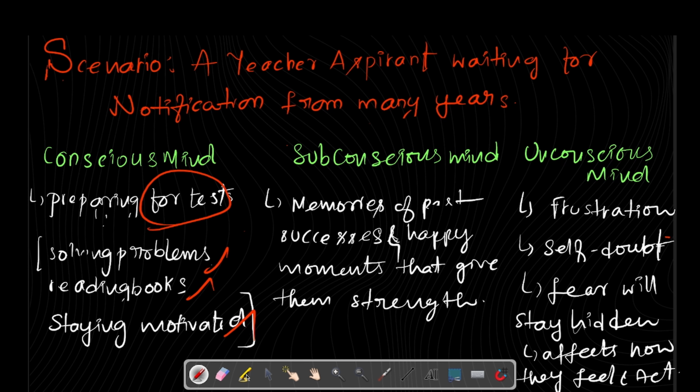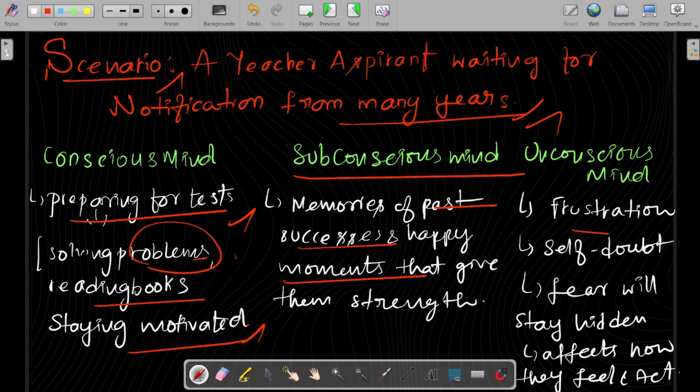And in the unconscious mind, emotions like frustration, self-doubt, and fear stay hidden, affecting how they feel and act. You can observe this in yourself if you are really a teacher aspirant waiting for many years. So this is how you can relate Freud's theory to your real life.